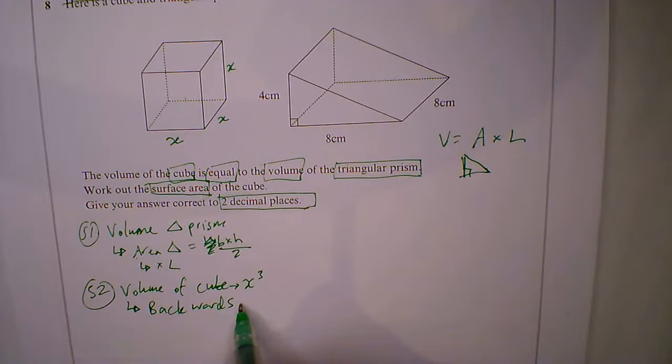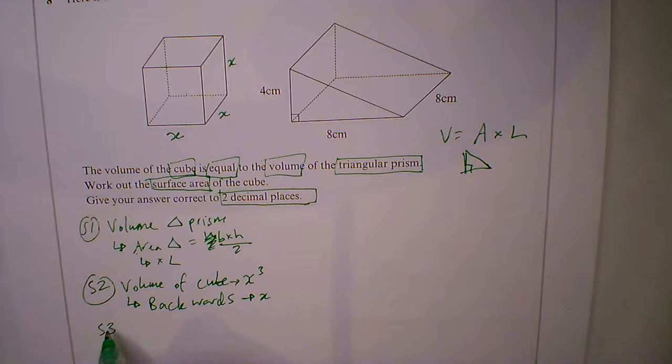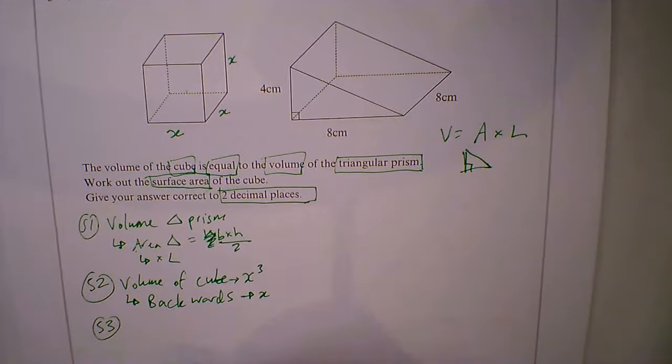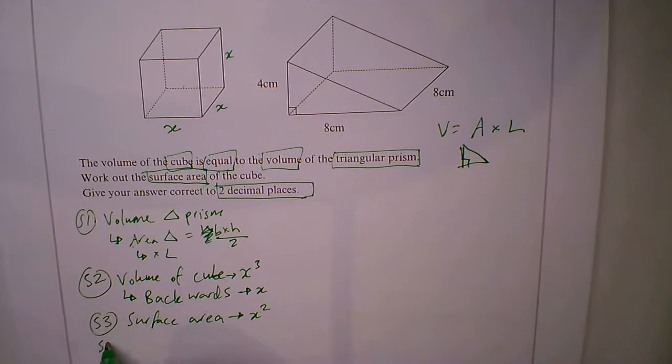So going backwards helps me find x. And then step 3 is I need to find the surface area. Surface area is length times width, so x squared. And then it's total surface area, so step 4 is total surface area.